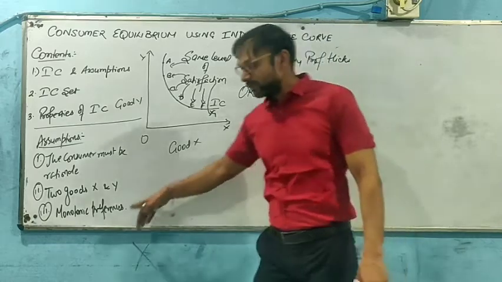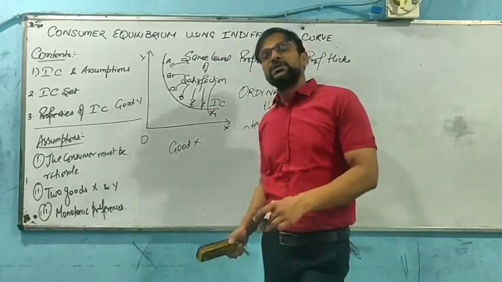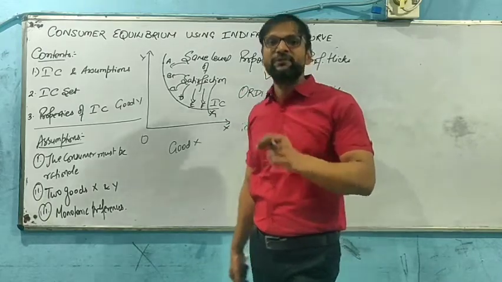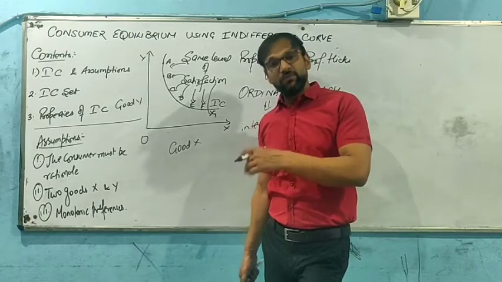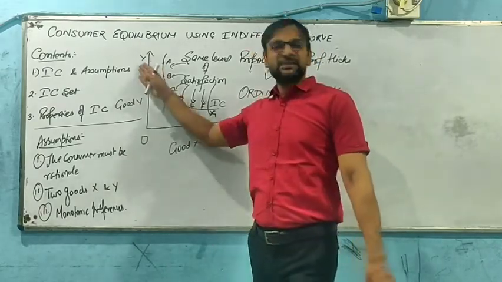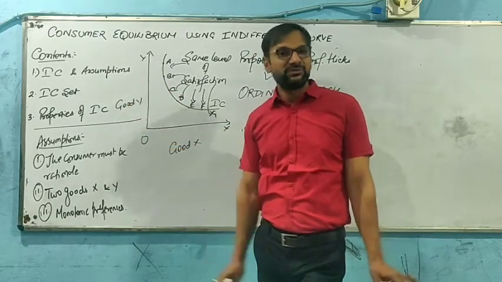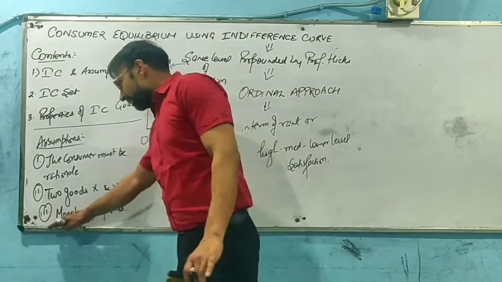That is what monotonic preference is all about: he must choose between the goods, and the good that gives him more satisfaction, he must start consuming more of, in order to sacrifice the least satisfactory units of the other good. So third we take monotonic preference.